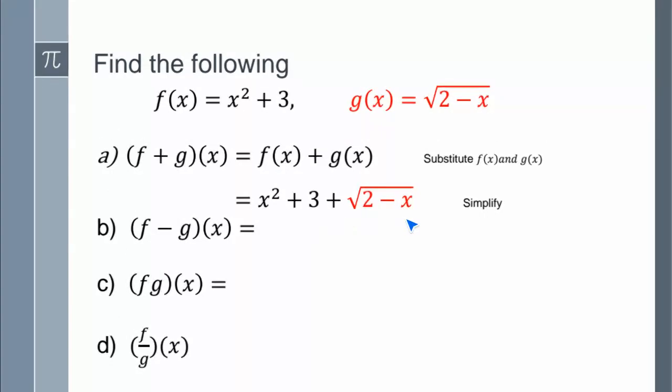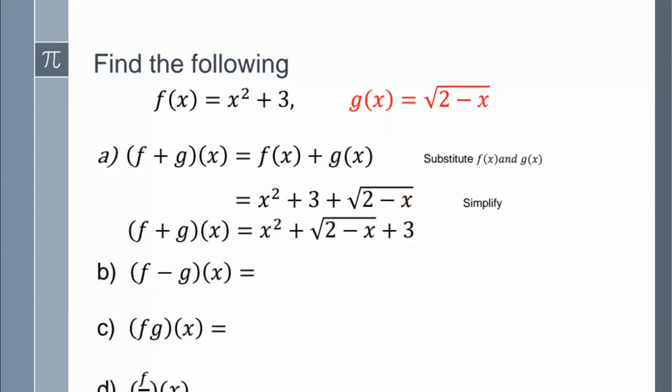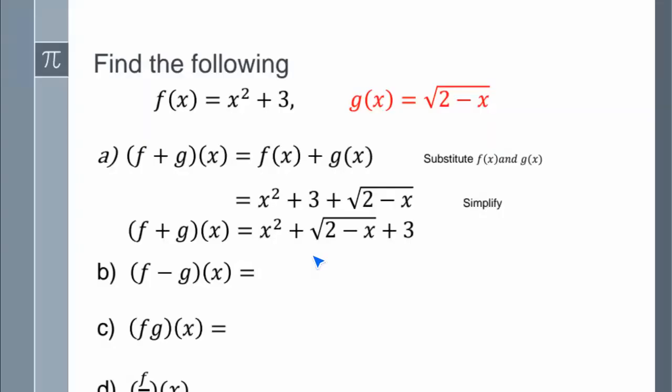And then we want to see if we can combine any terms. And in this example, we can't. So I like to rewrite it in this form. But again, as Mr. Carizales mentioned, if you left it in this form, that would be okay. So here I can't combine anything else. So my answer is x squared plus square root of 2 minus x plus 3.